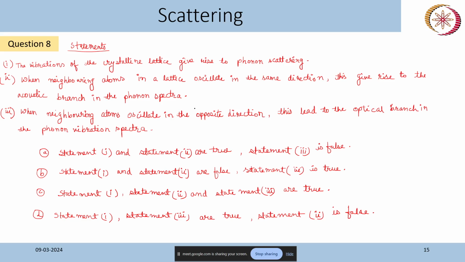The next two statements are on acoustic phonon scattering and optical phonon scattering. So what are those? Phonons can be of two types, acoustic phonons and optical phonons.